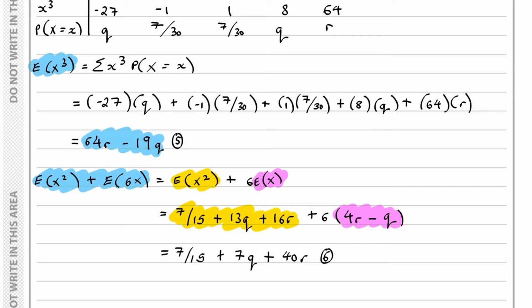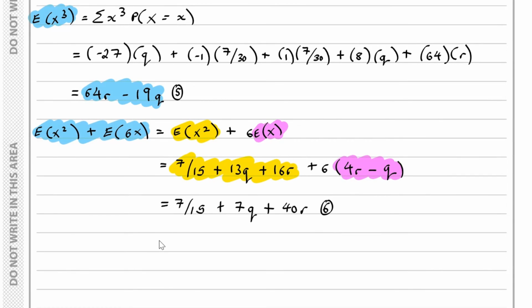So what we can therefore see then is, if we set 5 equal to 6, we have 64r minus 19q equals 7/15, so that is this bit over here, plus 7q plus 40r.